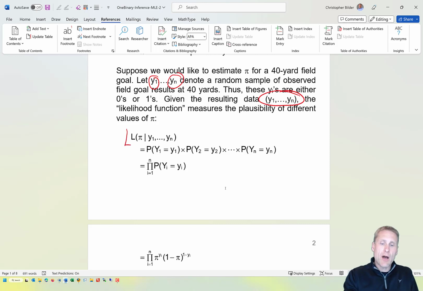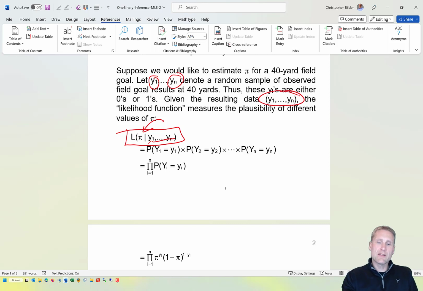And so we symbolically denote this in a mathematical form as L for likelihood of pi, and then the vertical line there is similar to what you've seen when you talk about conditional probability. It means the word given. Given my observed data, here's my likelihood function.